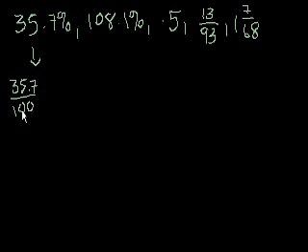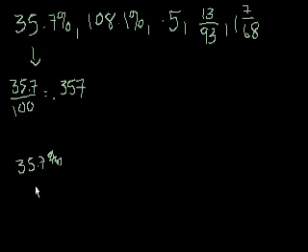So 35.7 over 100 equals 0.357. If this got you a little confused, another way to think about it is: if I write 35.7%, all you have to do is get rid of the percent sign and move the decimal to the left 2 spaces, and it becomes 0.357.